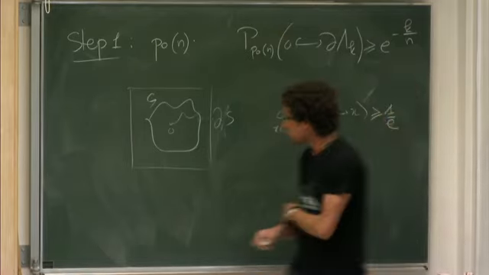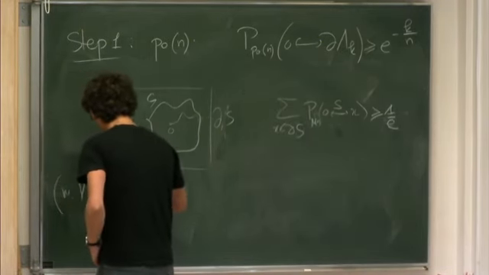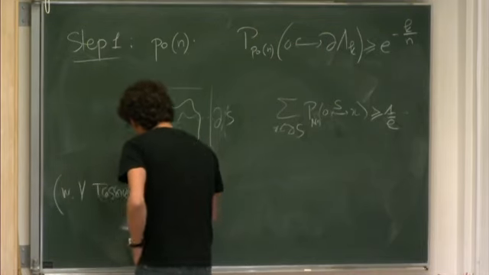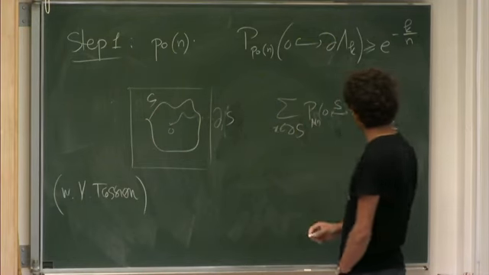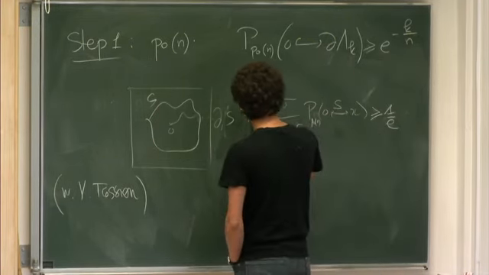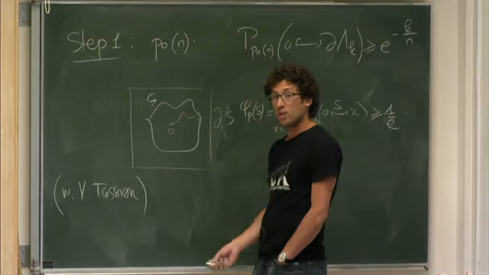Now, in a recent paper with Vincent Tassion, we prove the following. If you have things like that, let's call this quantity phi p of S, then you have a differential inequality.